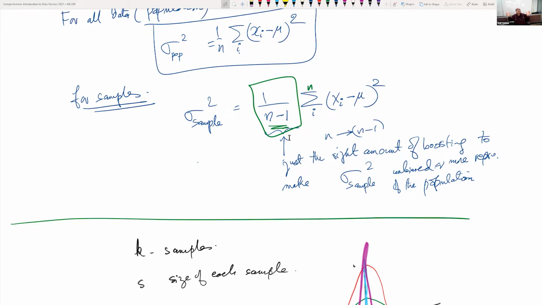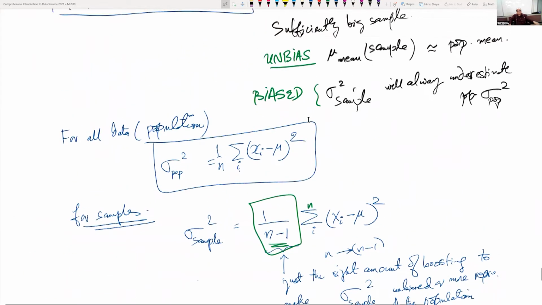So the average of variances, each of which underestimates the variance, will lead to a total mean which will underestimate the total variance estimate, which will be below that of the population. That is why it is a biased estimator.